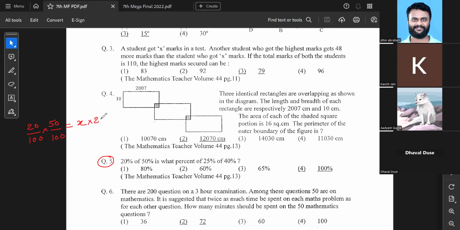Of means multiplication: 25% of 40%. So when I cancel all the hundreds, 25 twos are 50, 2 into 2 is 4. So everything gets cancelled and I get x equal to 1. So 1 means 100%. Your answer is 100%.